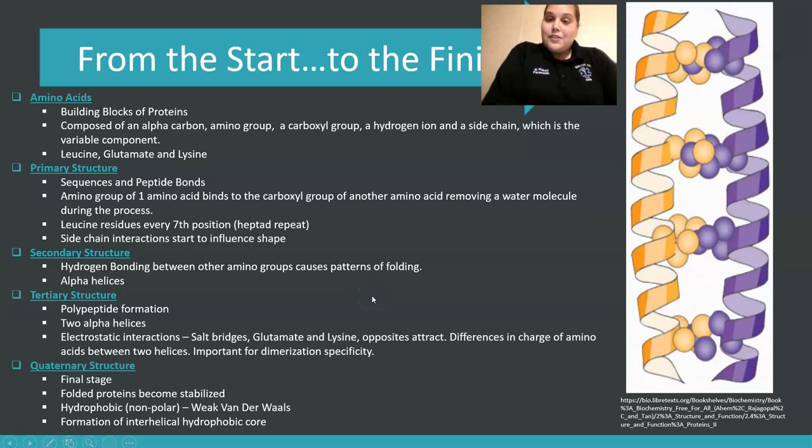Okay, so now we can move on to the quaternary structure, and this is really the final stage of the protein pulling itself together in the zipper formation. In order to be the final stage, basically the folding proteins are becoming stabilized, and they do this via hydrophobic, nonpolar bonding.